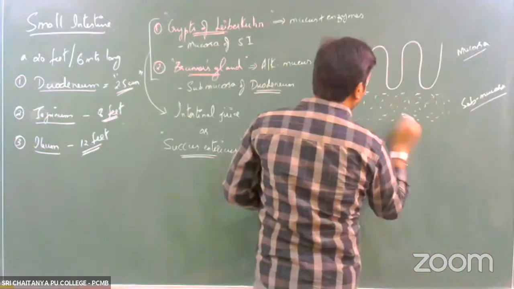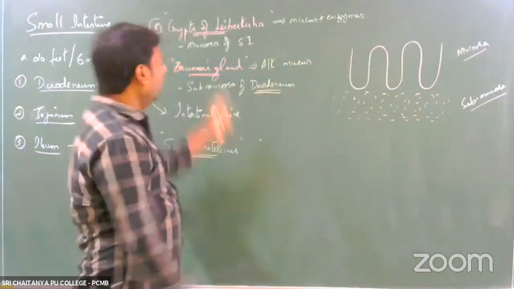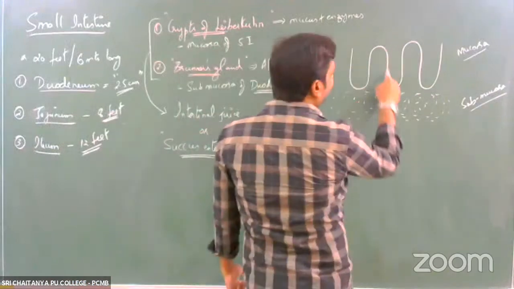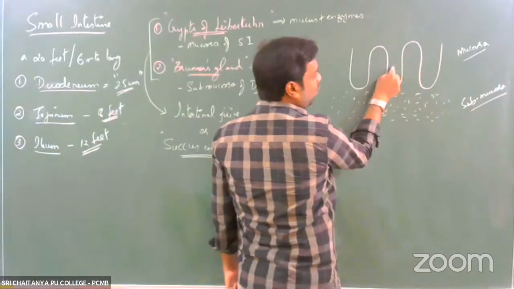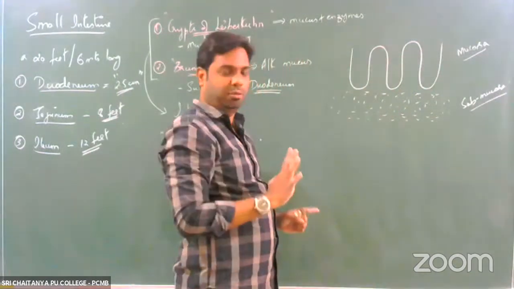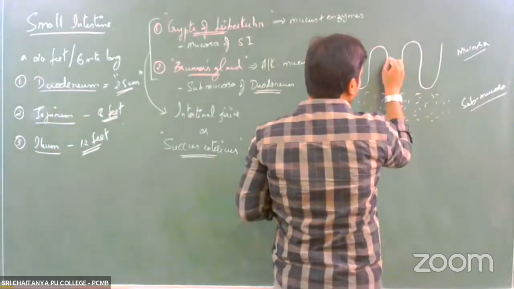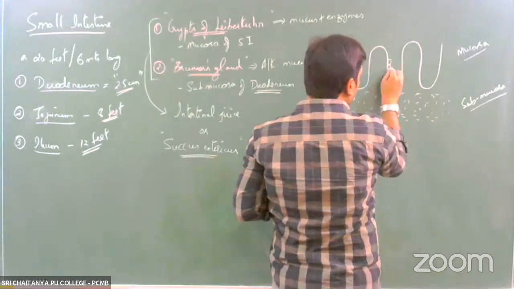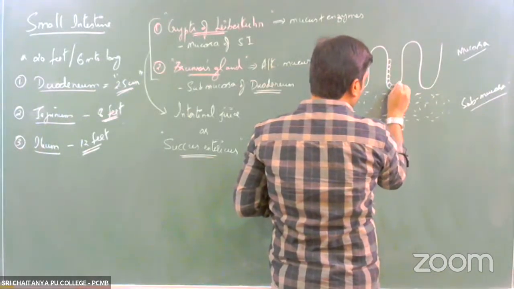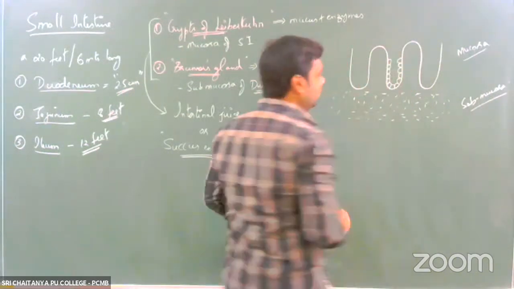As I said, in the mucosa of all regions of the small intestine, we would have the first one, which is called the crypts of Lieberkühn. Now, this is one villus we are talking about. This is one villus, this is one villus, each one is said to be one villus. This villus is lined by different types of cells, and we'll see what those cells are in a few moments. There are these cells lying in the villus like this.